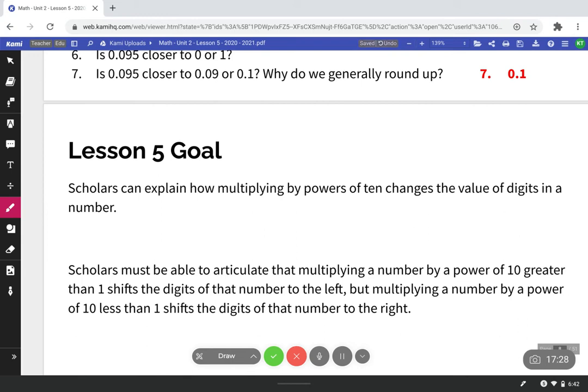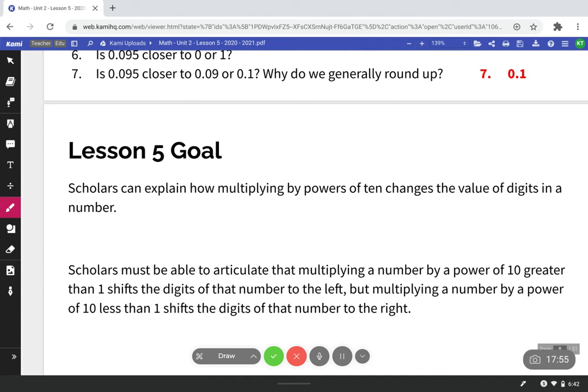So we're going to be doing a lot of practice examples in this video. By the end of lesson 5, you are going to be able to explain how multiplying by the powers of 10 changes the value of digits in a number. You're also going to understand what it means to multiply by the power of 10. 10 to the power of what? What does that do?